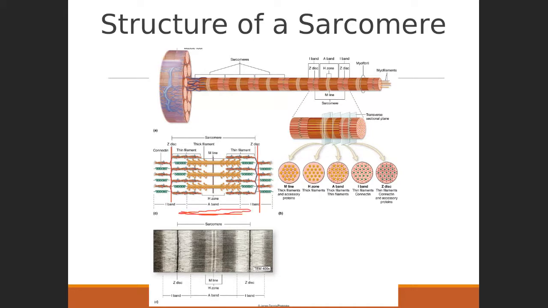The sarcomere is the smallest subunit of contraction that we have in that muscle. And end to end to end to end, as we go along our myofibril, we are going to see these sarcomeres linked together like boxcars on a train. So as we shorten, each individual one shortens just a little bit, and we can get significant overall shortening of that muscle.